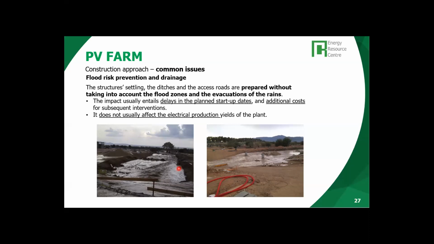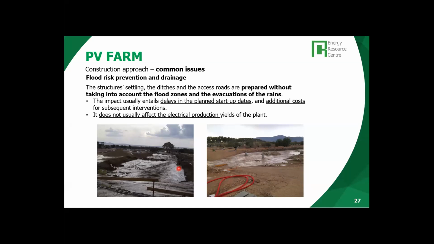In any case, the ditches and the access roads are sometimes built and prepared without taking into account these flooding zones and areas. Roads are prepared to resist floods, but the PV park sometimes will not be able to resist a flood, and we can have serious problems with the foundations, let alone with the electrical system.